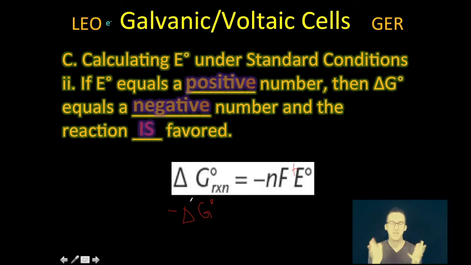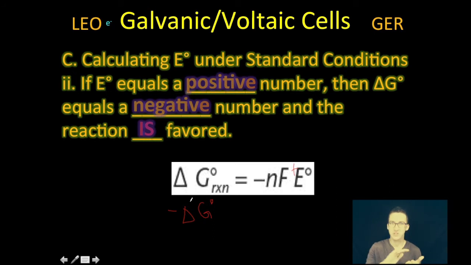As you're trying to keep this straight in your mind, all I want you to think about is, okay, Gibbs free energy is going to tell me whether or not the reaction as written is spontaneous or not, whether it's thermodynamically favored or not. And if you have a negative delta G, a negative Gibbs free energy, think of it as sort of you've got to spend money to make things happen.